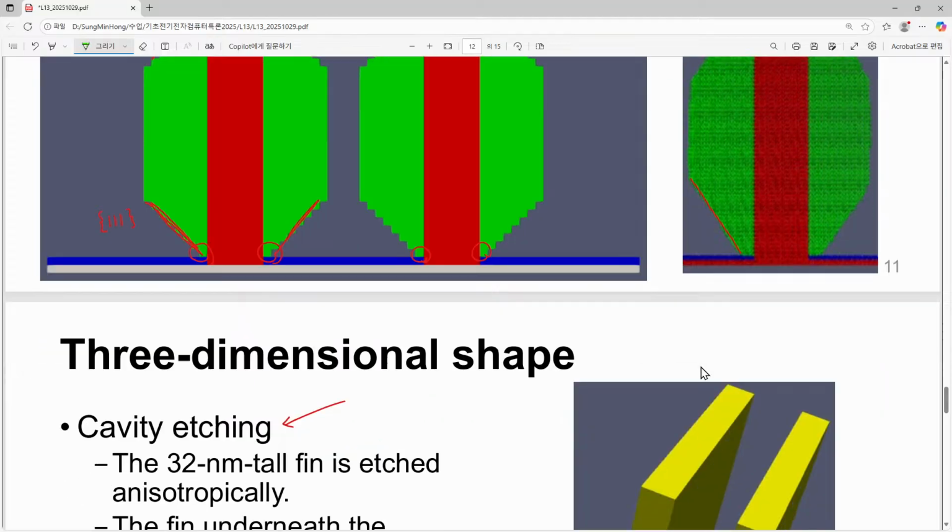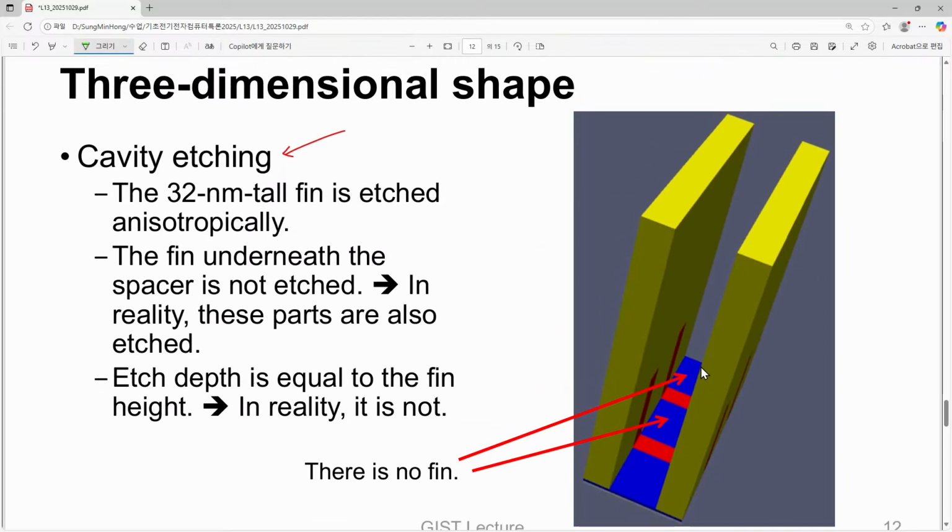But in reality, what we have done is cavity etching. This fin is intentionally etched away. In this case, I just used 32 nanometer isotropic etching to completely eliminate this structure. What is the reality?